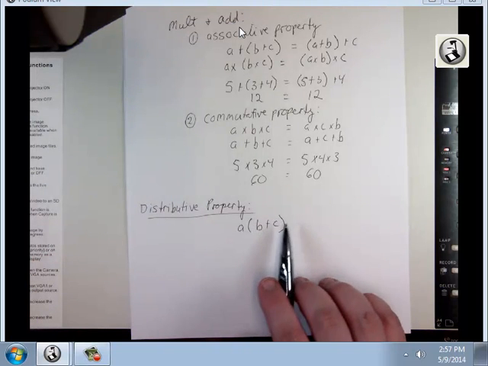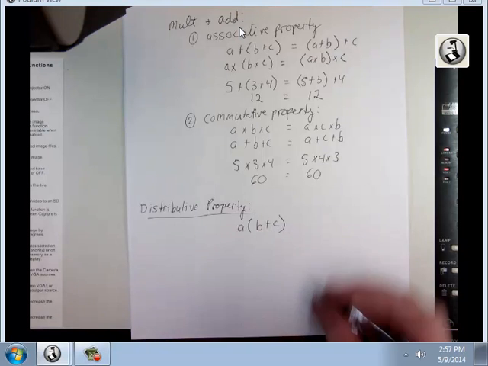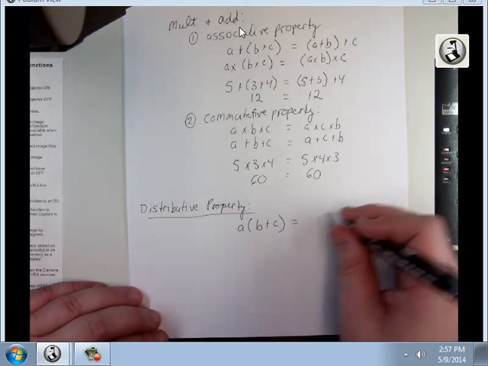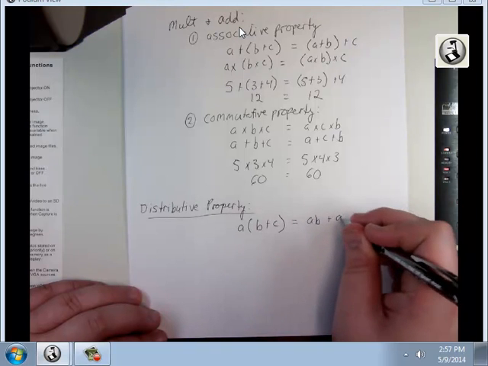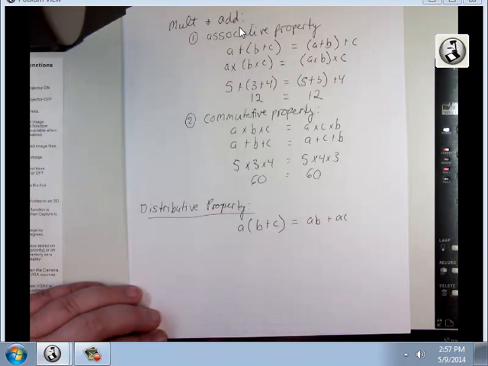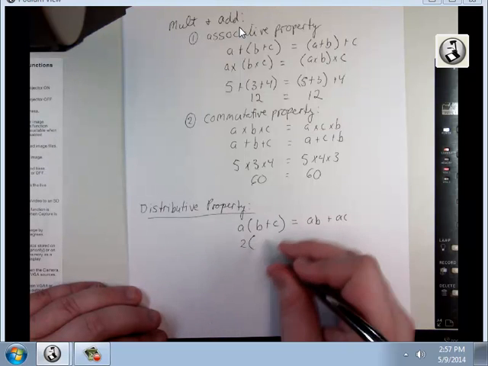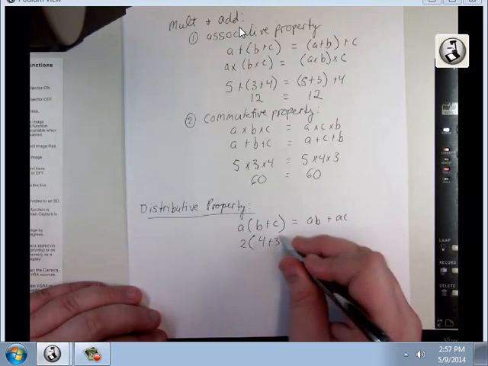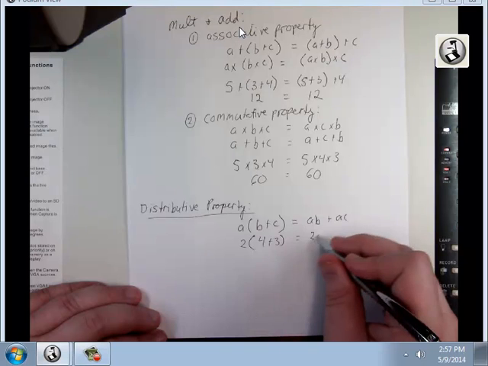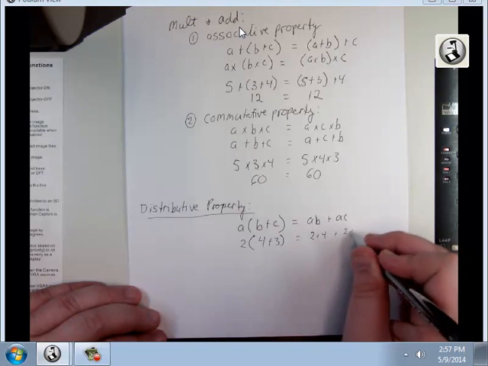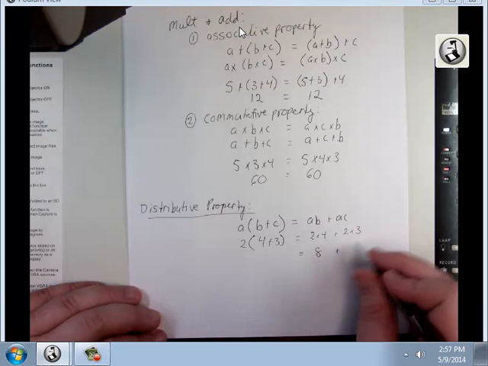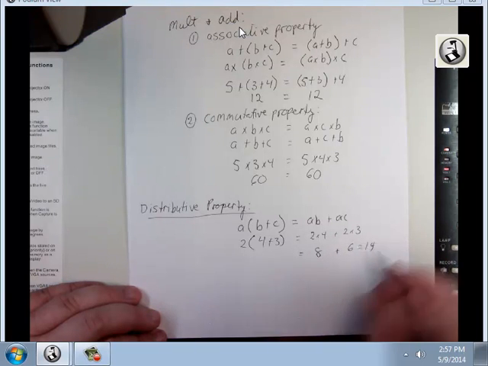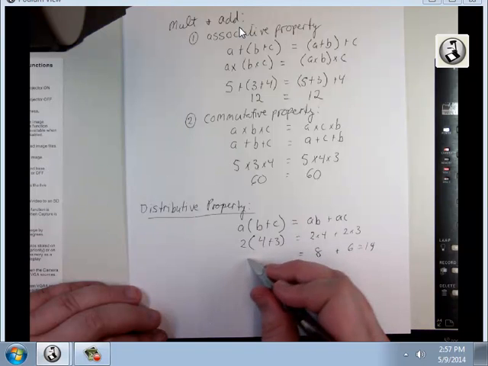The distributive property says that A times B plus C equals A times B plus A times C. So if I had 2 times 4 plus 3, this equals 2 times 4 plus 2 times 3, which is 8 plus 6, which is 14. And if I did it out this way, it'd be 2 times 7, which is the same thing as 14.